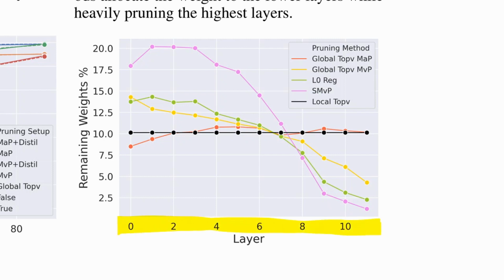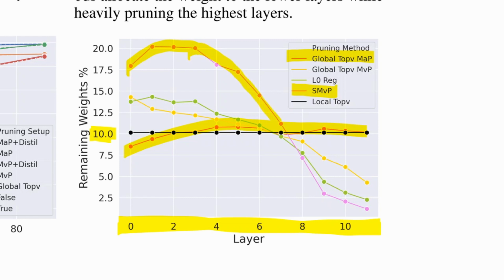If you don't know what BERT is, you can go look at my video on BERT, but you can see that the magnitude pruning will sort of cut all the weights in the layers equally. So it will go through the layers and take away, let's say, 90% of each. Here you can see 10% of weights remaining. Whereas the movement pruning, especially the soft movement pruning, will actually make a large difference.